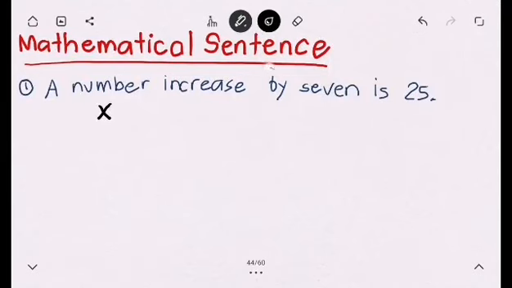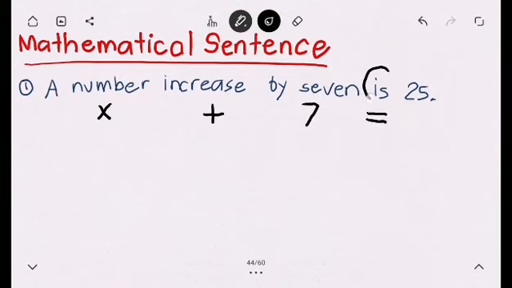So, etong word na increased by, based dun sa ating past lesson, ang operation na involved dyan is addition. Then, 7. A number increased by 7 is, okay, so this is a verb that is always denoted by the equal sign.